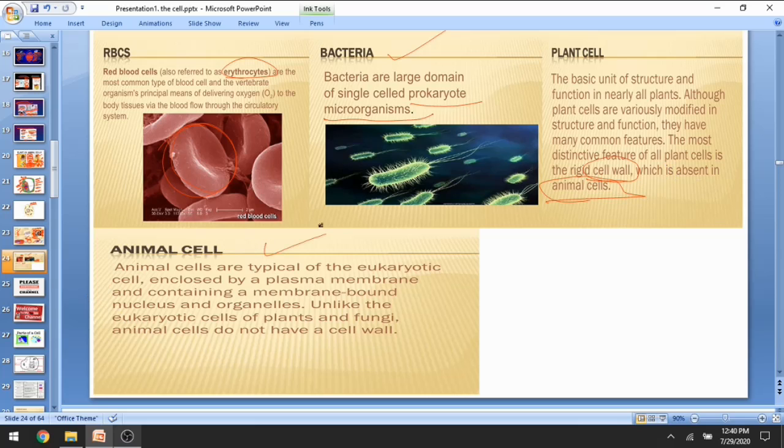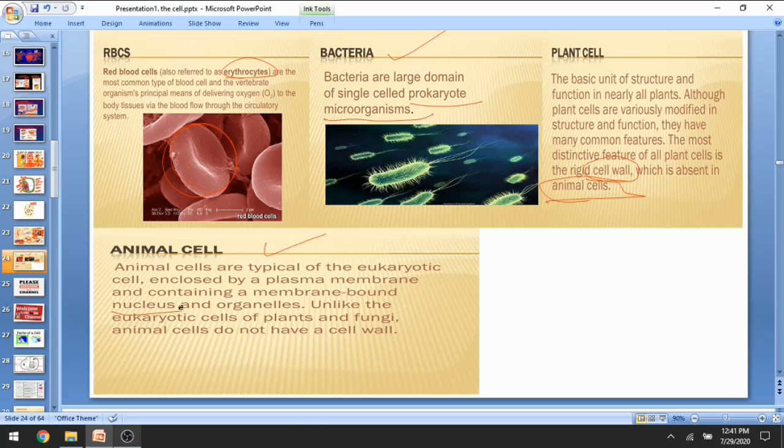If we talk about our last type of cell, that is the animal cell, they are typically eukaryotic cells enclosed by a plasma membrane and containing a membrane bounded nucleus. They have membrane bounded organelles, with a specific membrane outside, maintaining their shape.